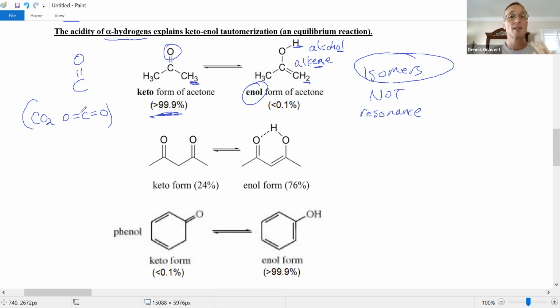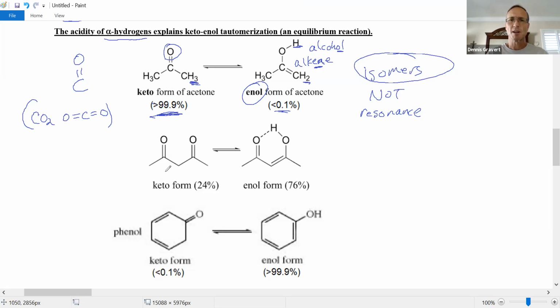It's a very stable bond. That's the driving force here between acetone and the enol form, less than 0.1% enol in pure acetone. It doesn't really like to form this, but it's not 0. It does happen. But the equilibrium largely favors the ketone form.